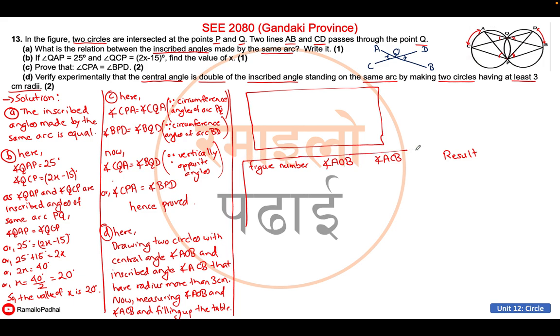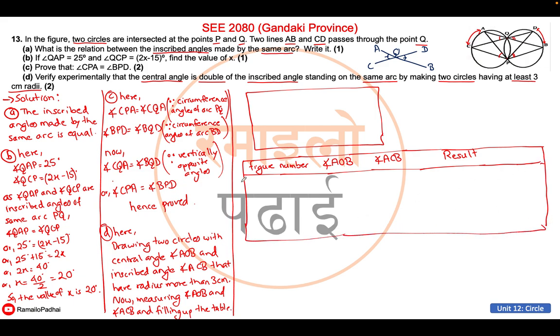So this will be the table in which we will fill our data. So we have two figures, one figure, another figure, and at the bottom of this table will be the conclusion.